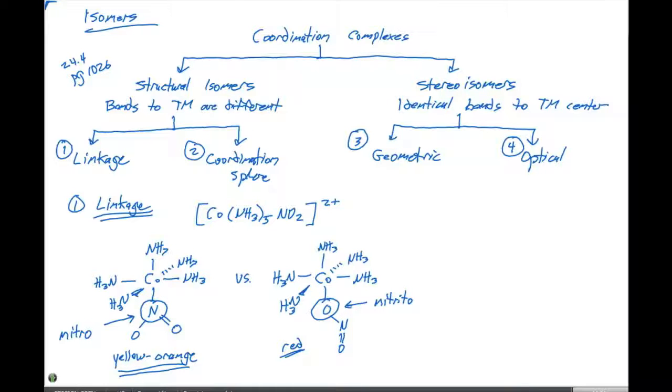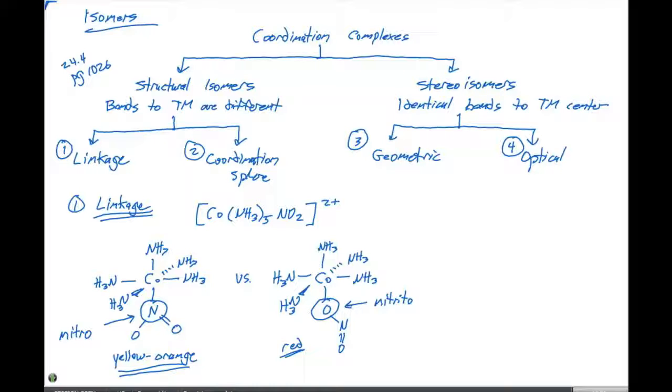And we're going to find either on Wednesday or Friday that the nomenclature for these transition metal complexes can get a little crazy. Okay? But we have to come up with a name that distinguishes between these two particular isomers. Because in each case, the bond to the transition metal is different.